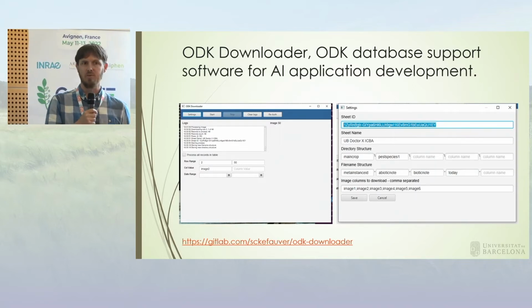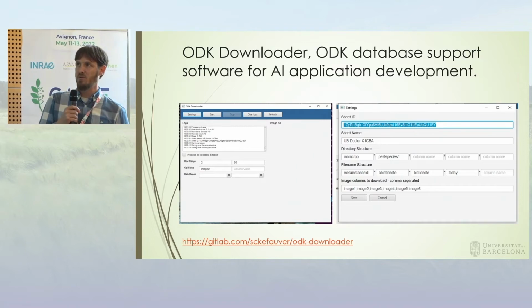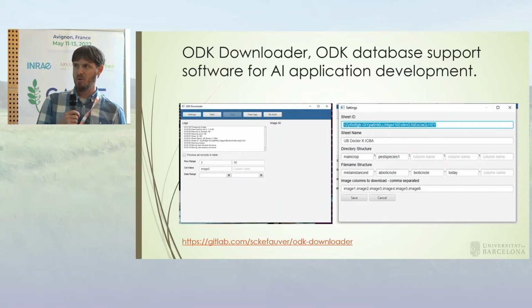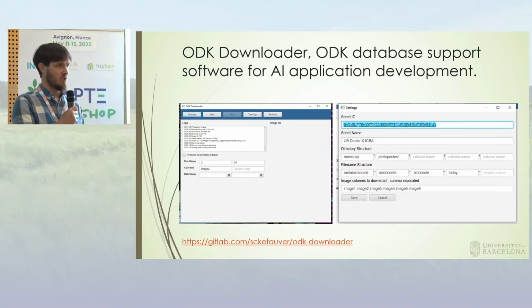So we just download the data, reorganize it. So we developed this easy ODK downloader, which is publicly available here. So if you publish a data set using the Open Data Kit, you can attach labels to it, and this will simply download the data to scrapping software, rename it based on different formats, and then put it in different folder structure names. So this was saving us lots of time.